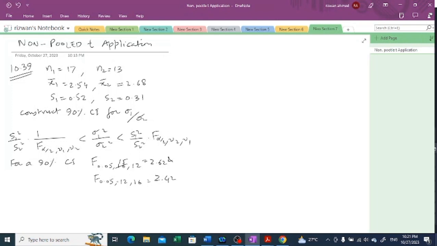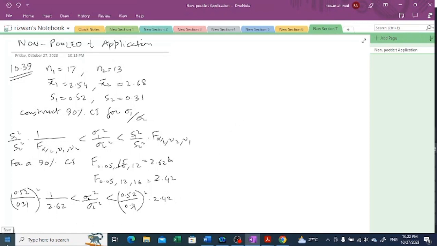Now what we do, we'll take the ratio of two variances, that's 0.52 divided by 0.32, squared, multiplied by 1 upon 2.62, and 0.52 divided by 0.32, that's 2.42.